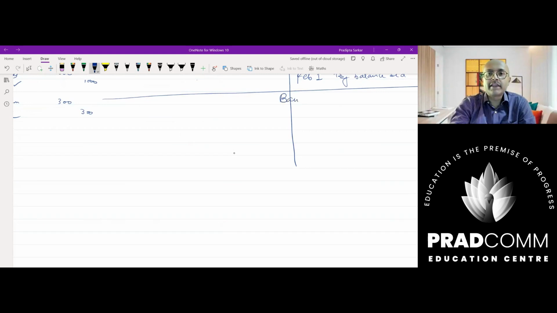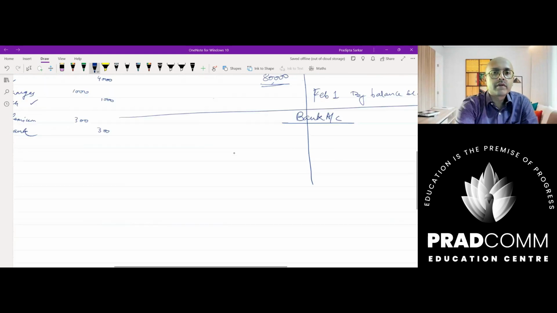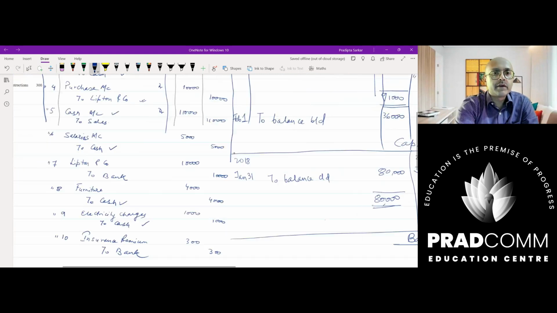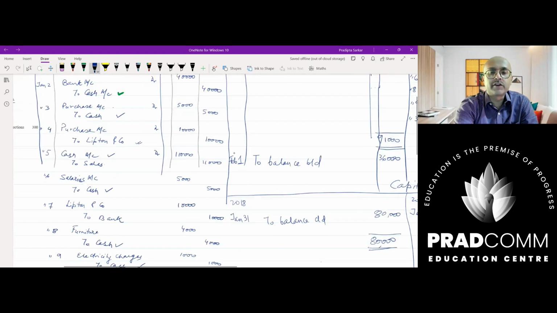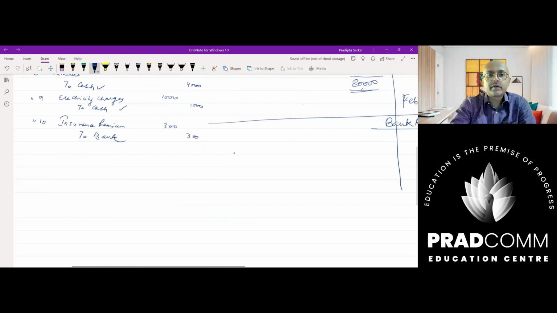So this is the bank account. Jan 2, the bank account was debited by 40,000. So 2018, Jan 2, it was debited. We have written credits, cash on the credit side.